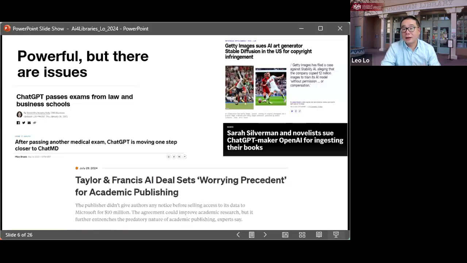So how would that affect us in the library world? How would that affect scholarly communication? We don't know at this point. So it's worthwhile to really pay attention to these developments. And like I said, learn a little bit about what AI is and how it works, so that we can be part of that conversation to advocate for the future that we want.